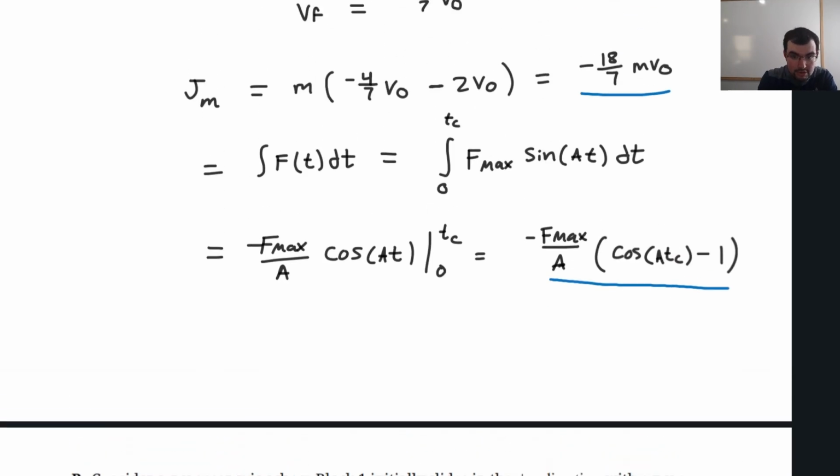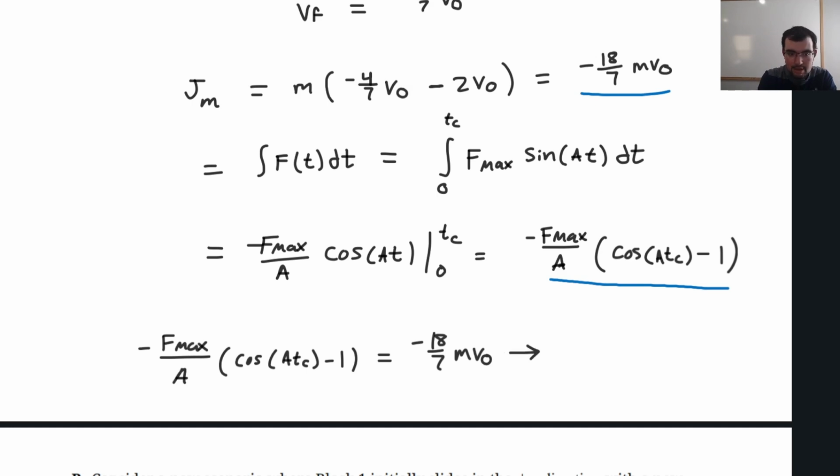So now I would just set my negative F max over A times the quantity cosine AT minus 1 equal to negative 18/7 mv0.